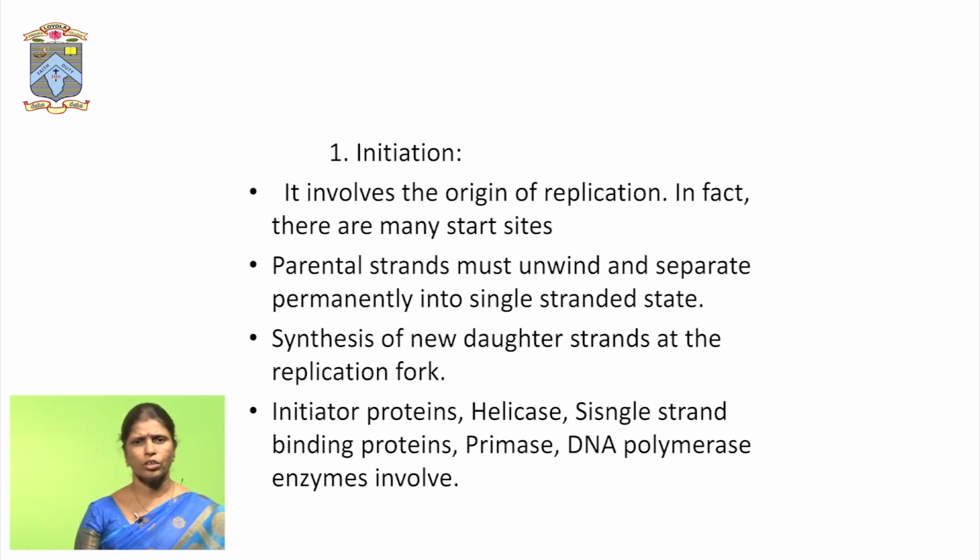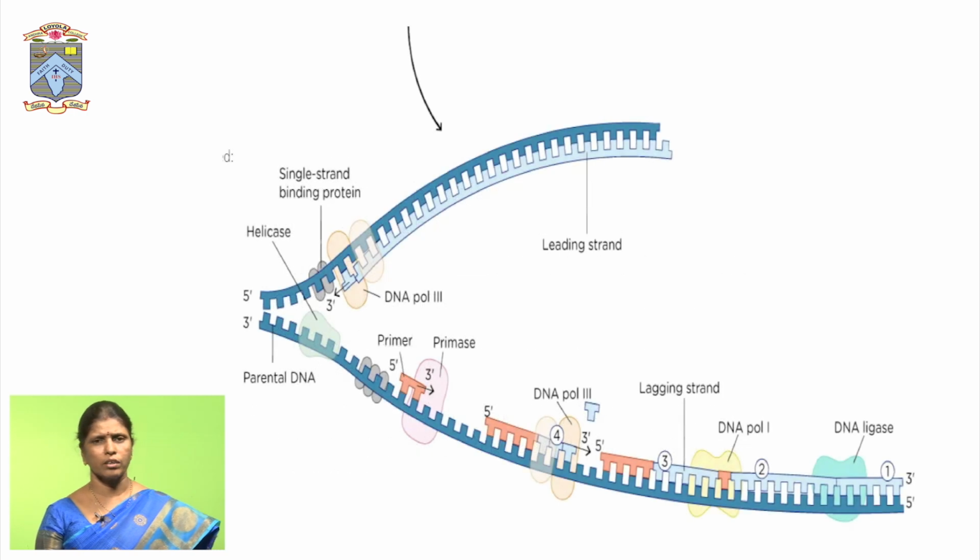So, have a look at this slide. Where the 2 strands got separated and a fork-like structure is formed, that is called the replication fork. DNA polymerase enzyme begins the synthesis after a small oligonucleotide, that is RNA primer, is synthesized by the RNA primase enzyme, because DNA polymerase enzyme cannot initiate the replication.